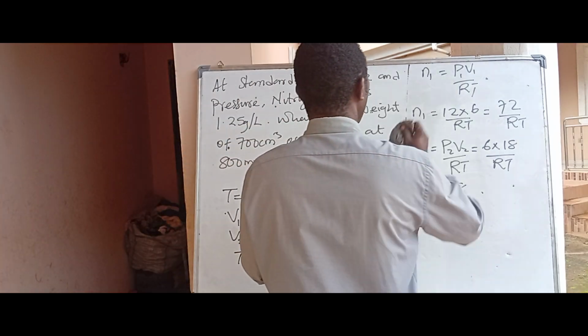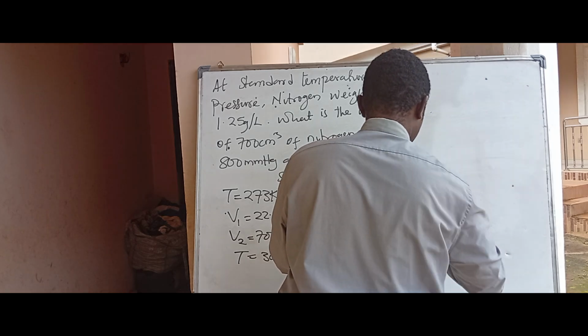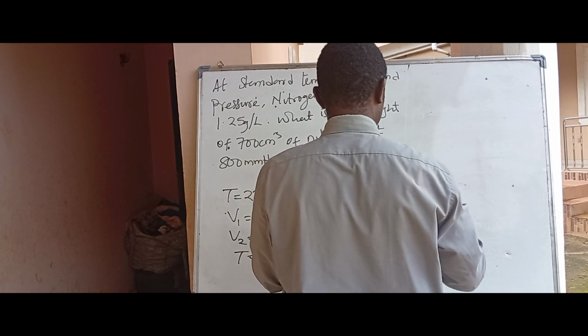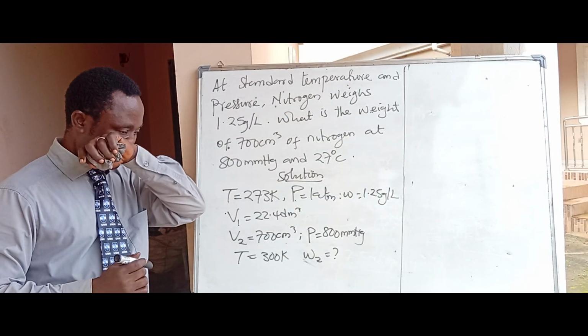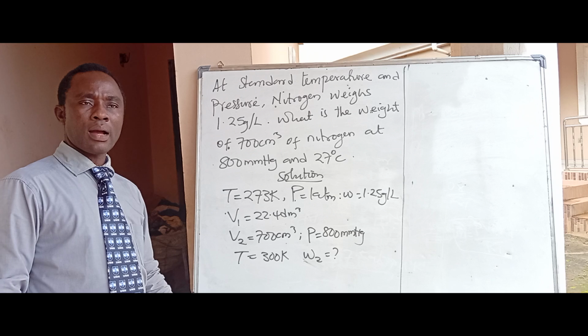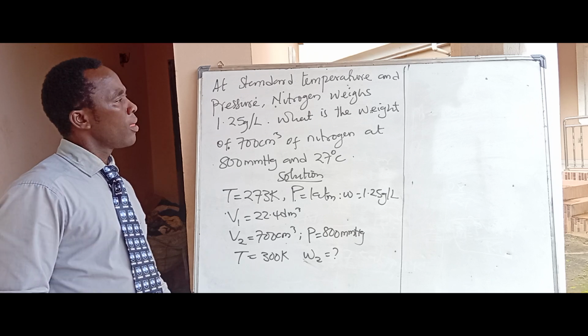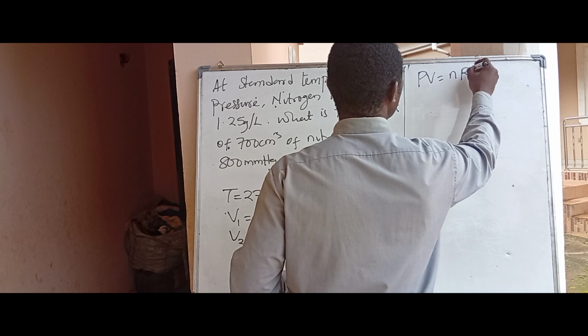Now I told you, weight in chemistry is mass. So they are asking us to find the mass of the gas. How do we get the mass of the gas? We can get it from the ideal gas equation. PV is equal to nRT.